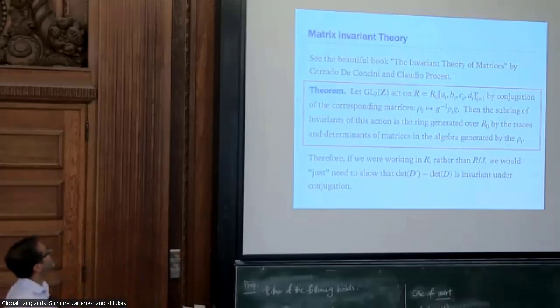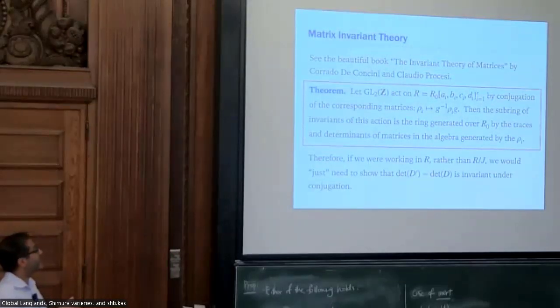So I looked at this book, and it says the natural thing that you would expect, and this is why you want to pass to rings of formal variables: if you look at the subring of invariants under conjugation, then you get the ring of traces, generated by the traces and determinants in the algebra generated by all of the matrices rho I. So if you were working in R rather than R mod J, you would just need to show that your element is invariant under conjugation.